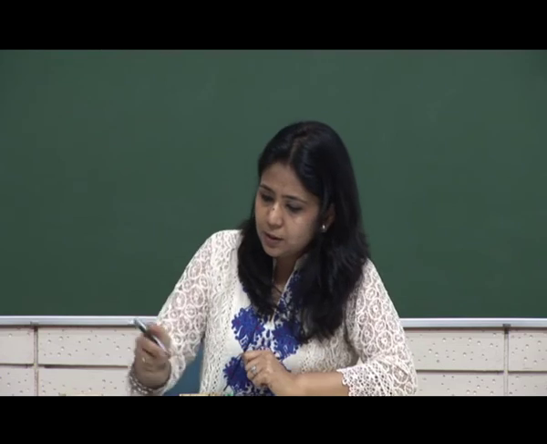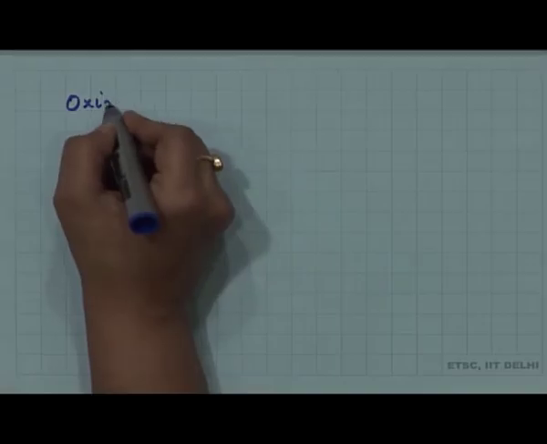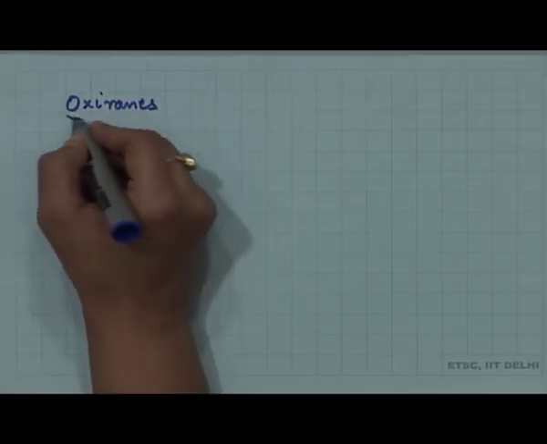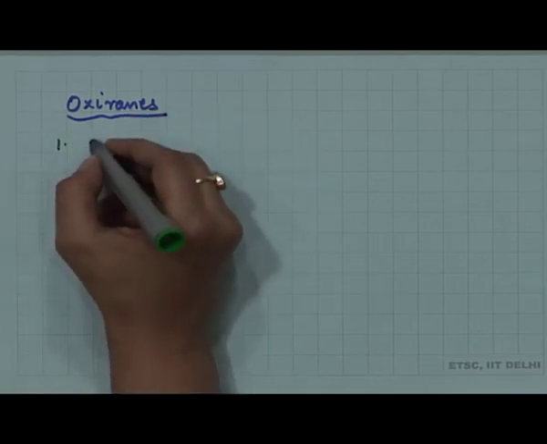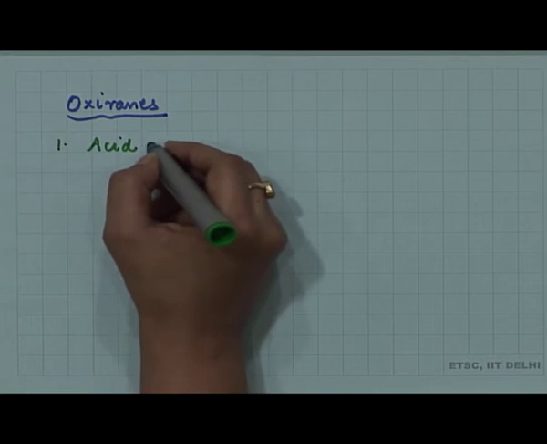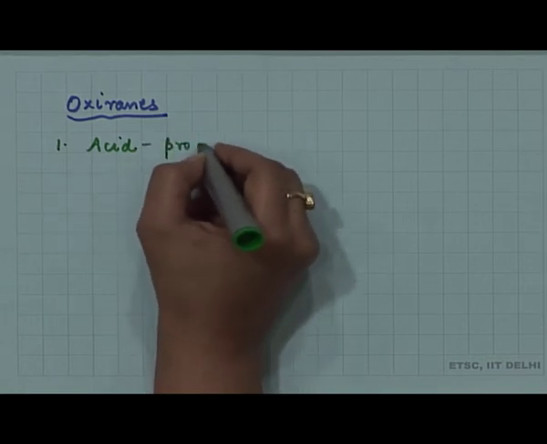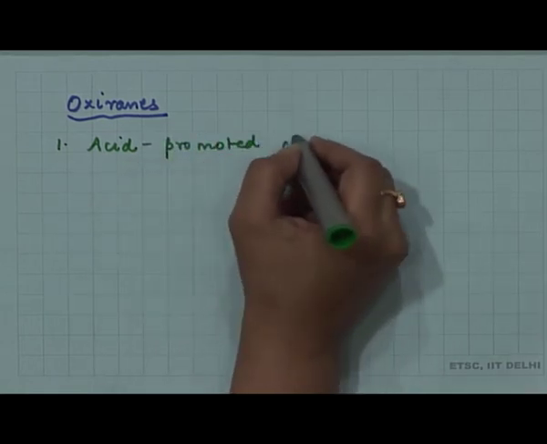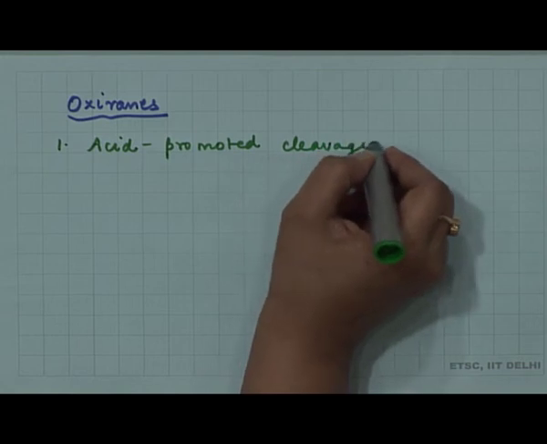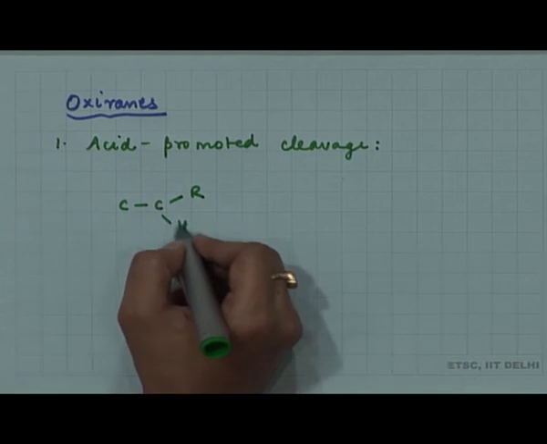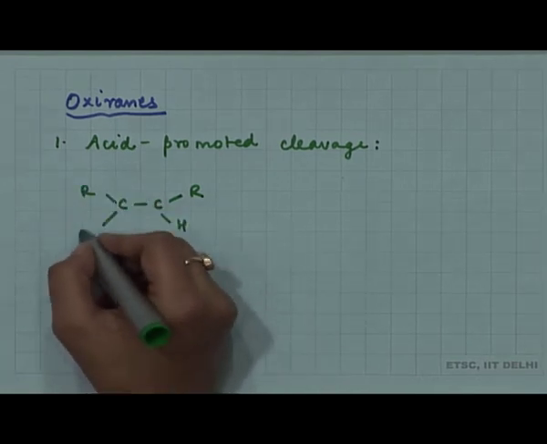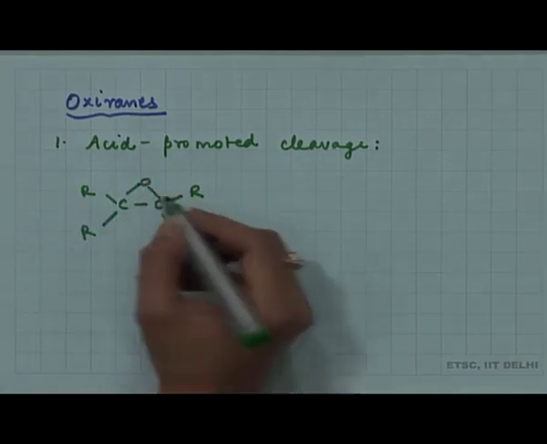Right. So, now we again try to see what happens in case of oxyranes. Oxyranes also undergo acid catalyzed cleavage. In a similar manner, this is the acid promoted cleavage for oxyranes. So, we have this oxyrane.